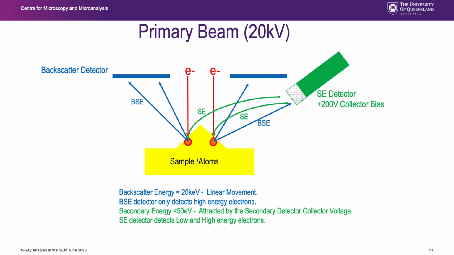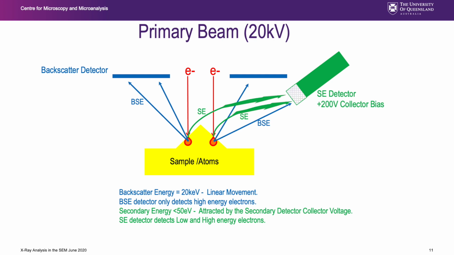So secondary electrons, which are weak, are attracted to this voltage and hit the detector. The good thing is, the ones that are on the right side of the mountain here get attracted to it. They're in green, but the ones that are on the left side of the mountain will actually go up and around and still hit the detector. The good thing about secondary electrons is, within reason, they will go around corners.